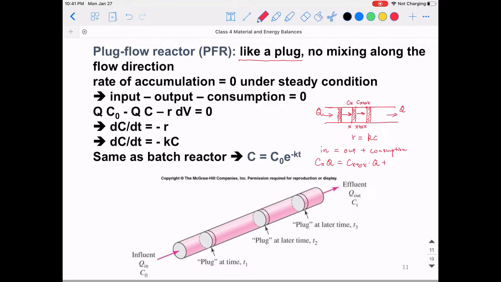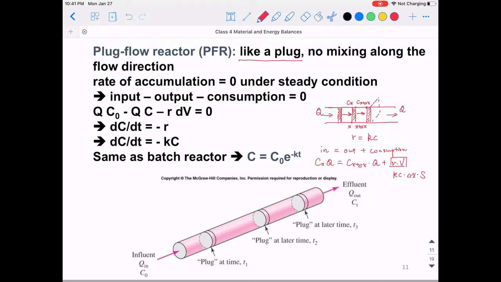And here the control volume is this one single slice, so the consumption is equal to r multiplied by V. And then we can further write this out as kC multiplied by delta x multiplied by S. The S here is basically the cross section of this plug flow reactor.